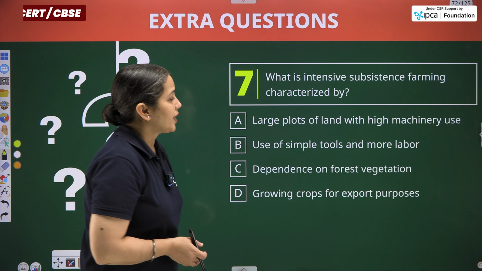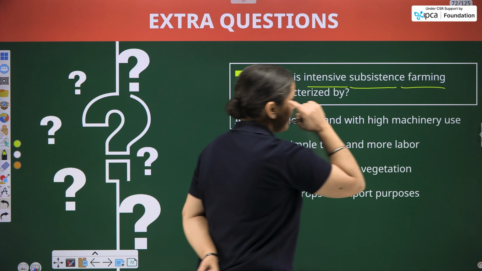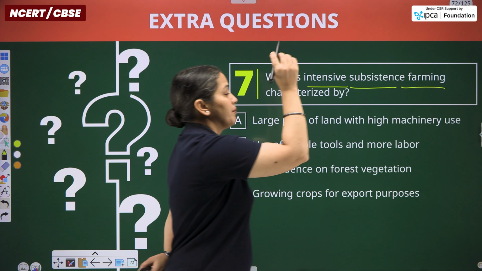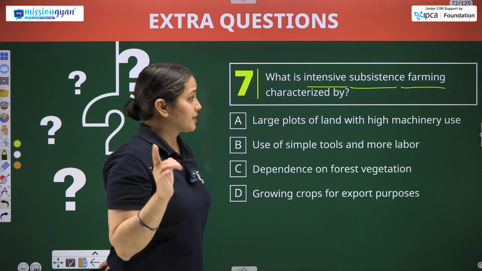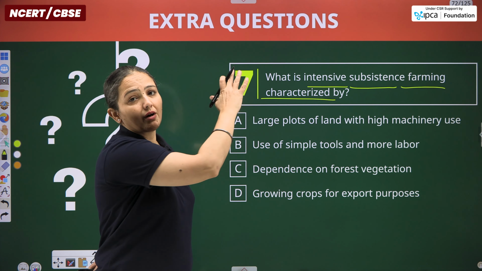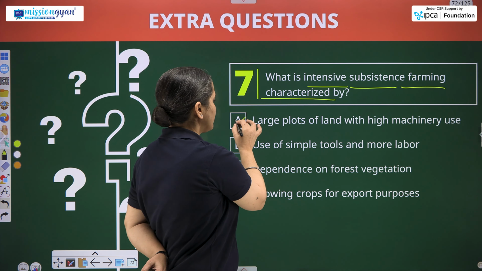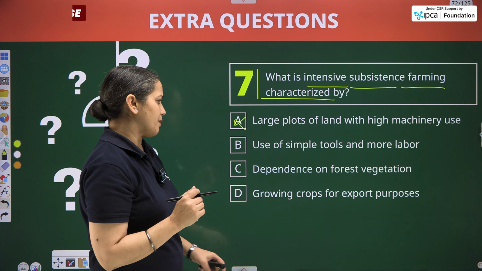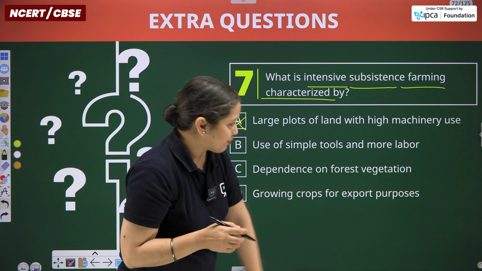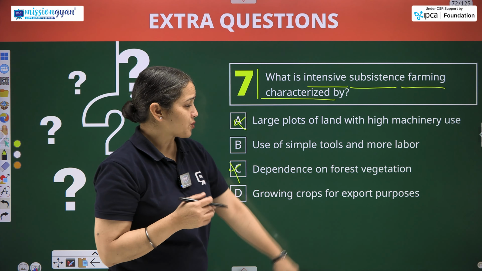Next is, what is intensive subsistence farming characterized by? Intensive means more labor, but done for one's own consumption. So we have to pick a particular feature out of the given four. Large plots of land with high machinery? Not at all. To be done for one's own consumption. Then dependence on forest vegetation? How so? We are talking about agriculture. Growing crops to export?